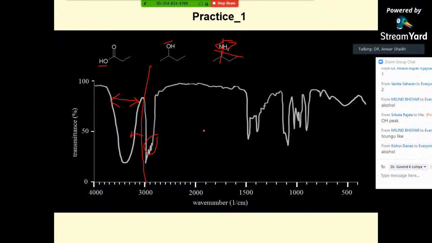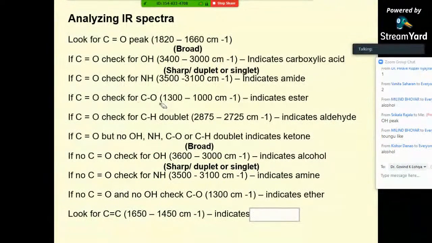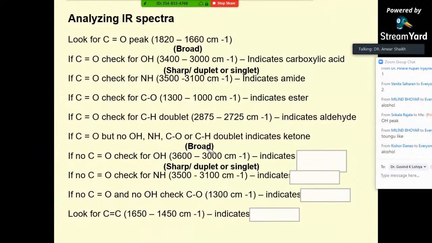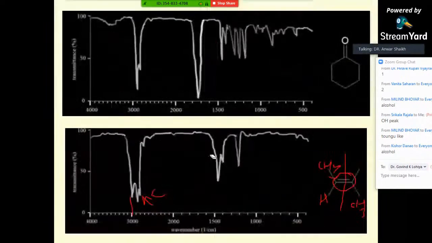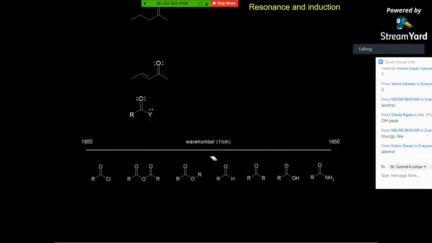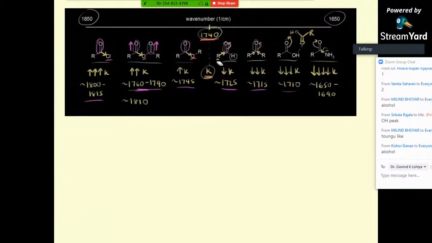Okay, so let us see. The difference is that OH is present in both carboxylic acid and alcohol. But in this molecule, we are also getting a carbonyl functional group. And I told you the carbonyl functional group has a very intense, very sharp peak, C double bond O, around 1710 for carboxylic acids.